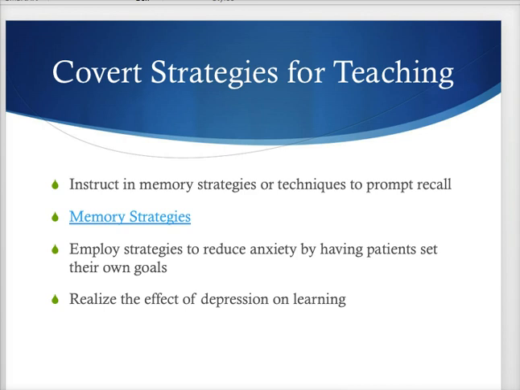Or external strategies, such as using environmental cues to help you remember. These might be putting your keys in the same place, keeping a date book, or keeping lists. The other thing is you need to think about patients setting their own goals, and also realize that you need to be screening for depression in the older adult because it can impact the rate at which people learn.